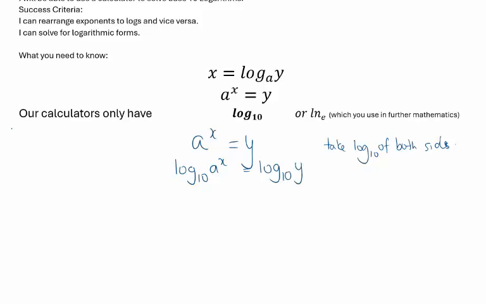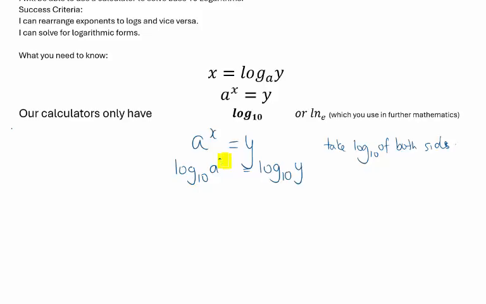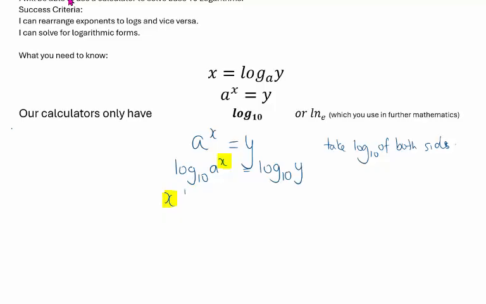Okay, so remembering, hopefully, the rule that we used last lesson, if I have a power there, it means that I can just throw it out the front. So if we throw it out the front, we get x log 10 a equals log to the base 10 y.